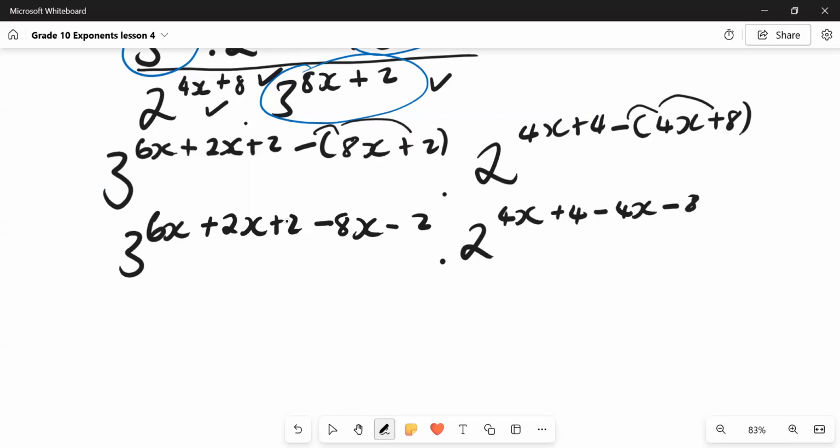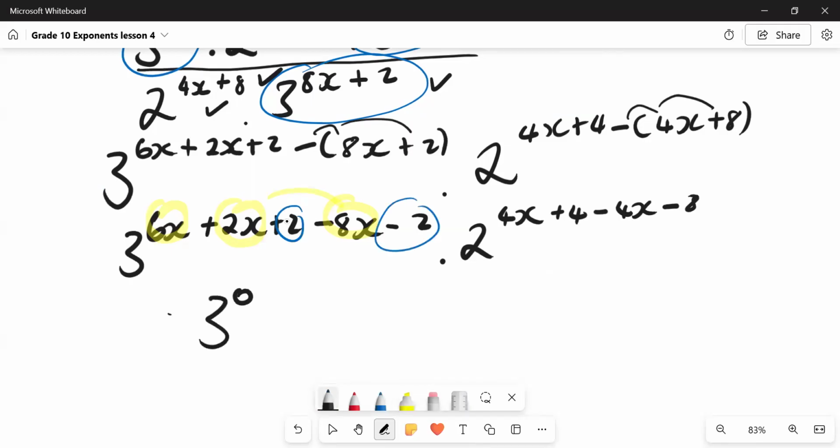And then from here, simplify. 6 plus 2, that's 8. 8 minus 8, that's 0. So you're left with what? 2 minus 2, that's 0. So this is 3 to the power of 0. We're done with that part, right?